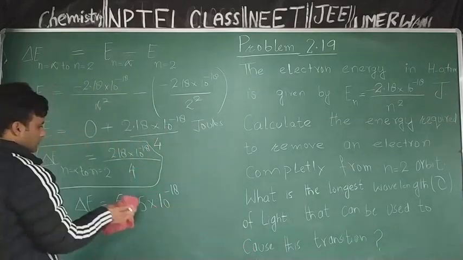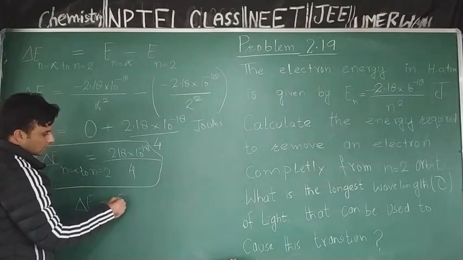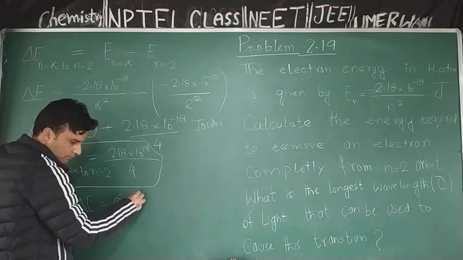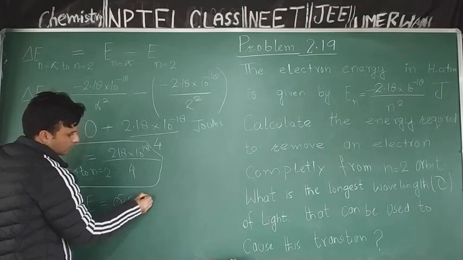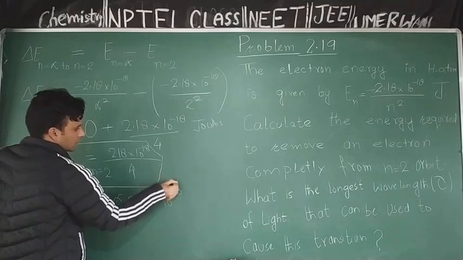It comes equal to 0.545 into 10 to the power minus 18.